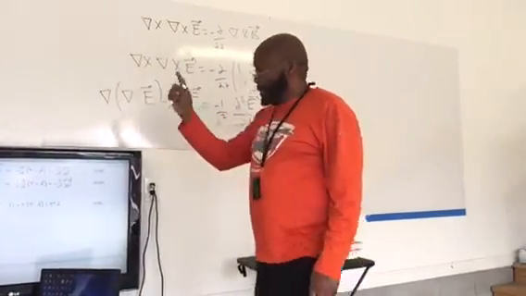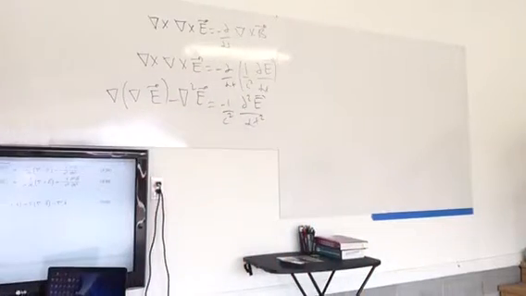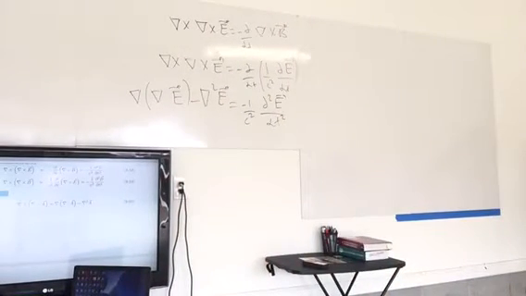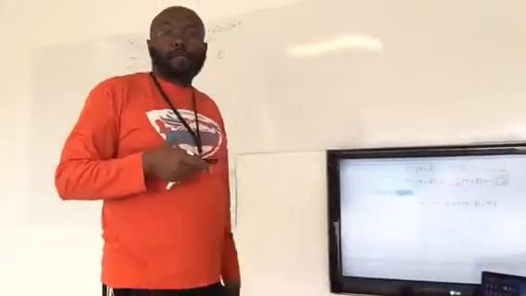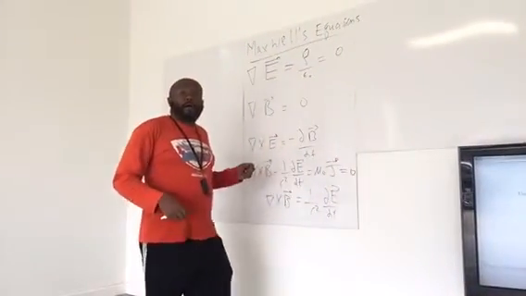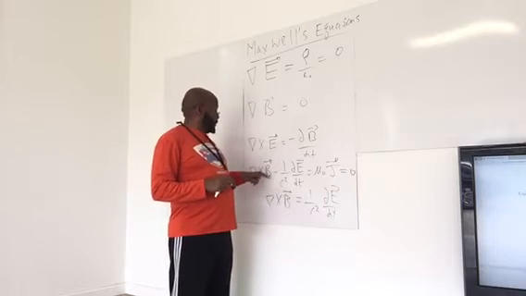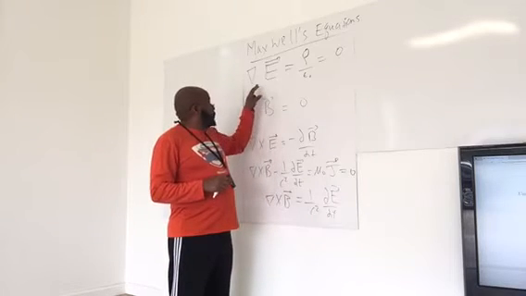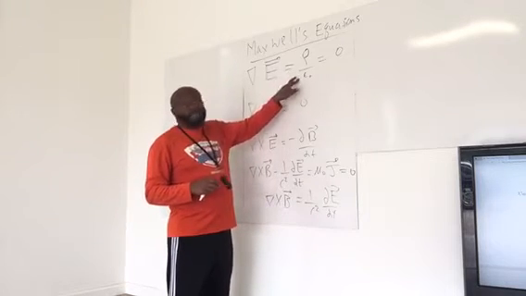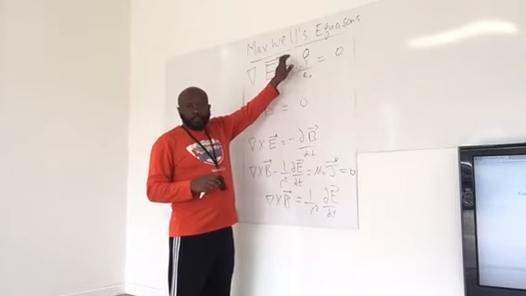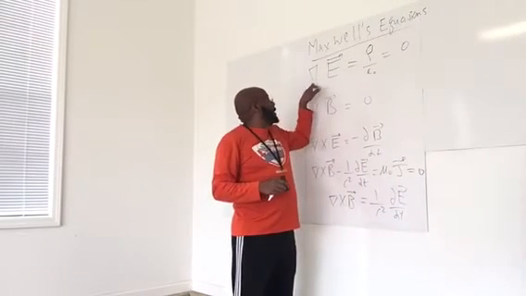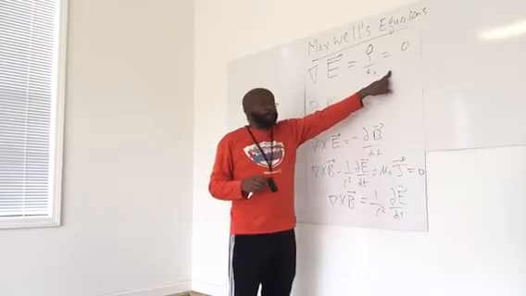Now let me refer you back to the Maxwell's equations here. This thing sometimes forgets tracking me. So here, if it is free space, if it's a vacuum, since we don't have any charge in the medium, the divergence of E is 0.